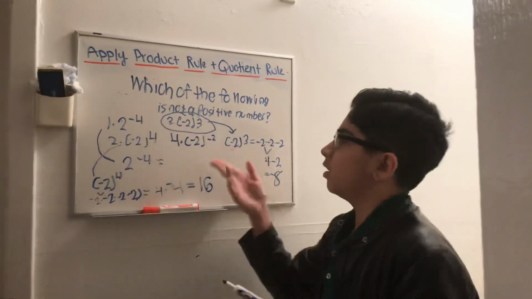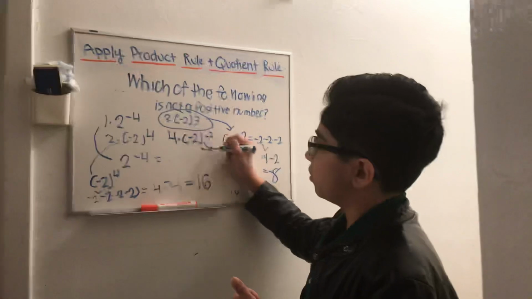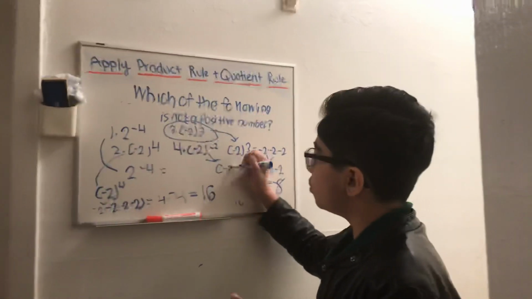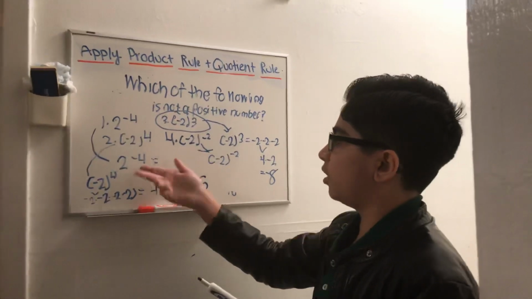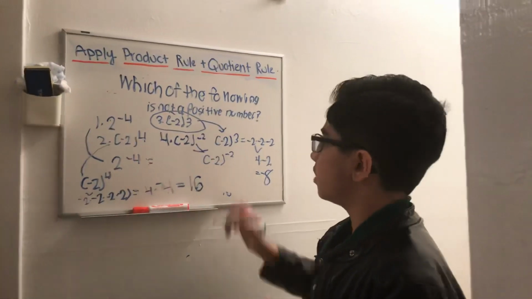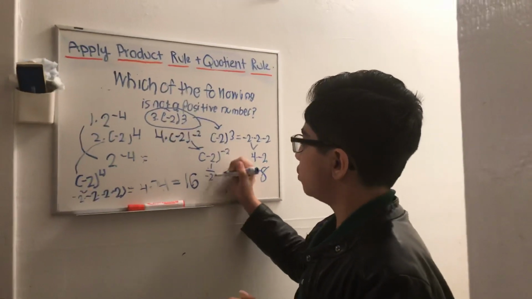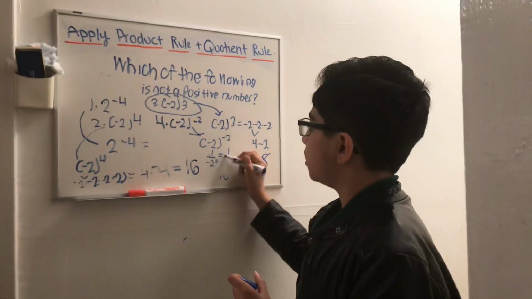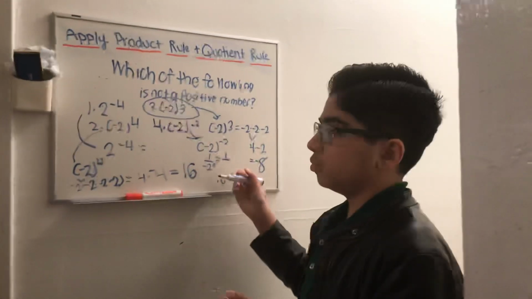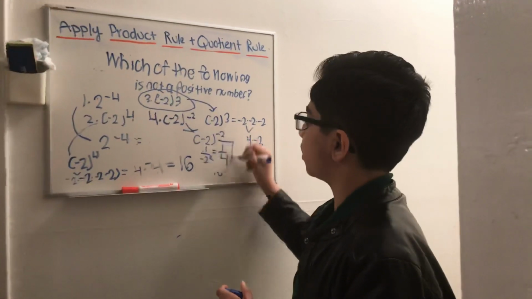But let's just further check choice 4 to verify our answer. So negative 2 to the power of negative 2, as mentioned earlier, would be 1 over negative 2 to the power of 2, which is 1 over negative 2 times negative 2, which is 1 over 4.